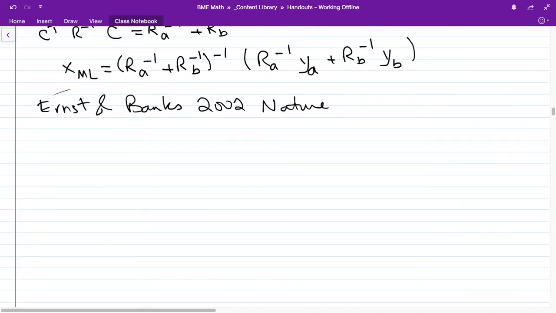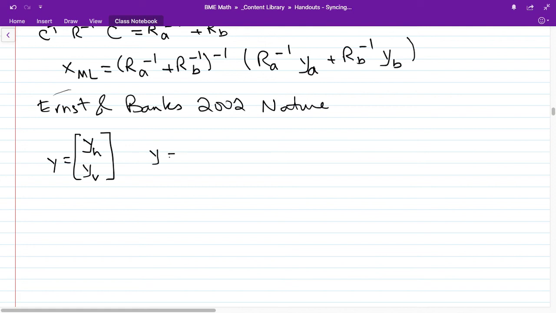So let me show you what they did. The height of the object was Y_H through haptic sense, or proprioception. The height of the object seen visually was Y_V. So this is what the person measured: they saw something, Y_V, and they felt something, Y_H, with their hand.